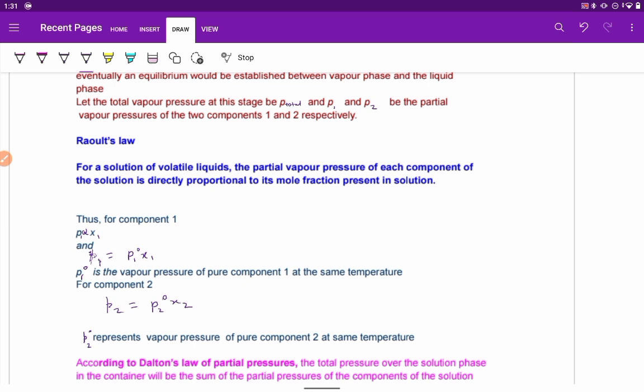So for the component 1, P1 is directly proportional to X1, because just now we have seen partial vapor pressure is directly proportional to mole fraction.